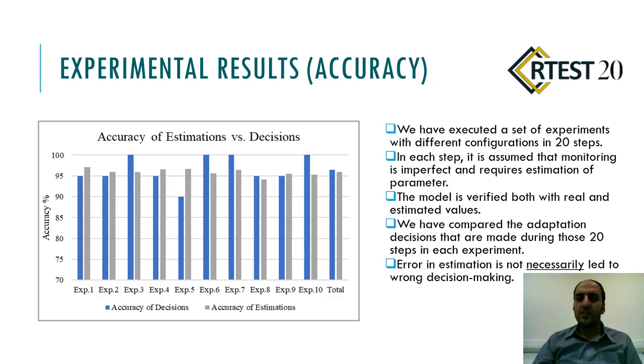It means that the self-adaptive system can make accurate decisions even in the presence of errors. The proposed system fulfills accurate decision-making with an accuracy of higher than 96%, while the average accuracy of estimations is lower than this value.